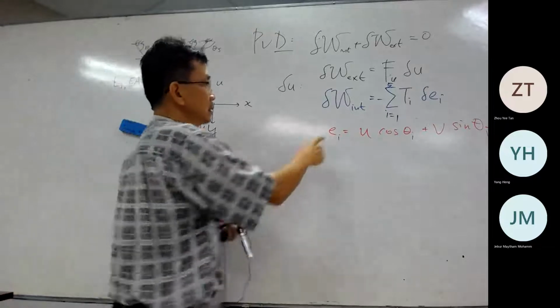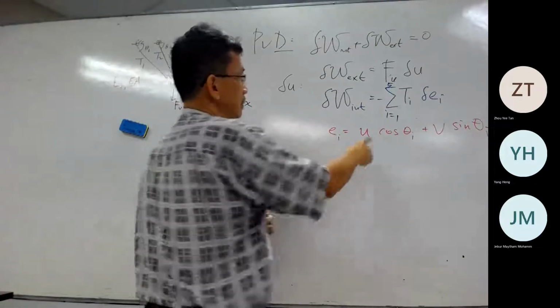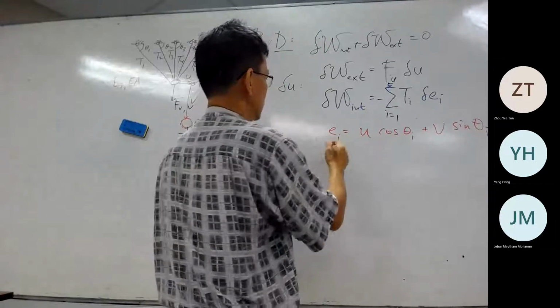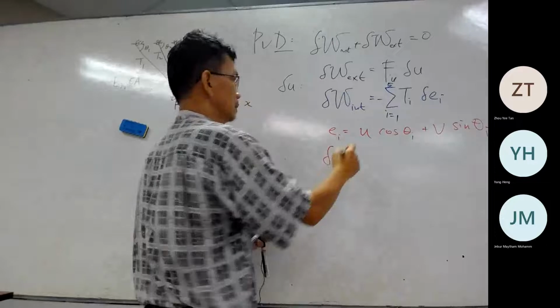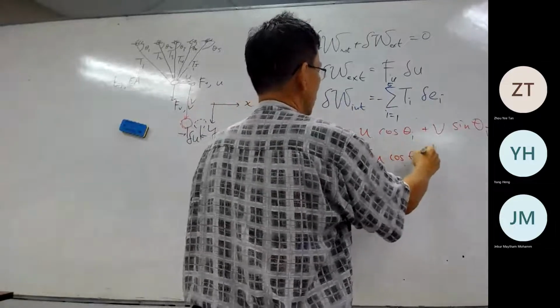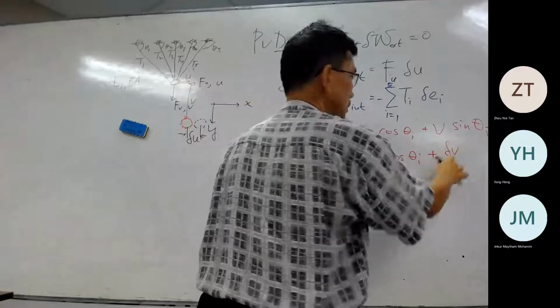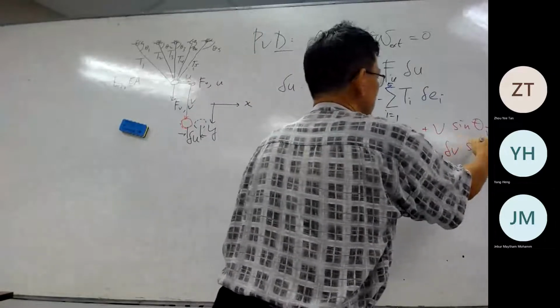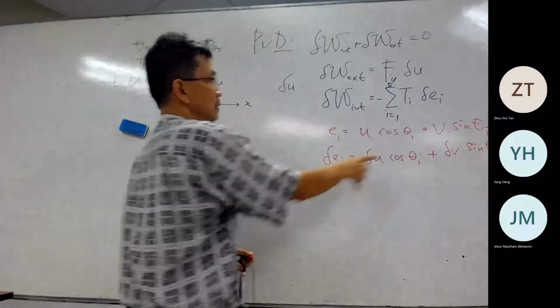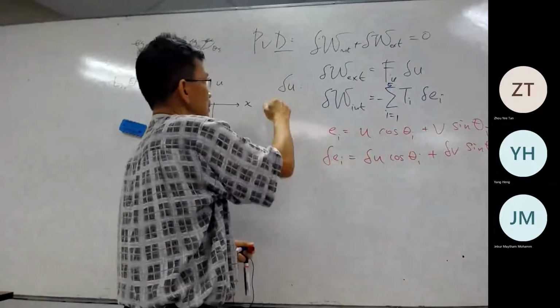So then here, you can make it as delta e i equal to delta u cos theta i plus delta v sine theta i, where these are virtual displacements. But when we first start, delta v is 0.